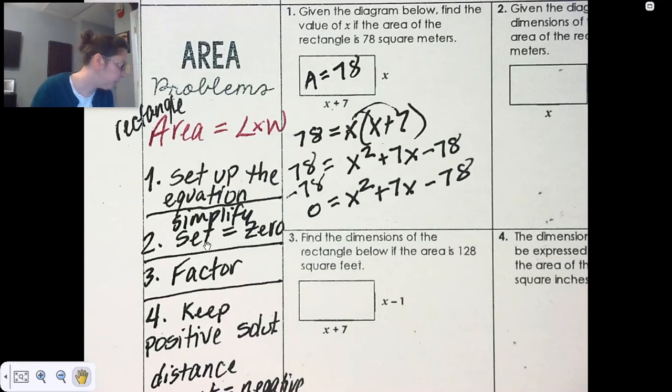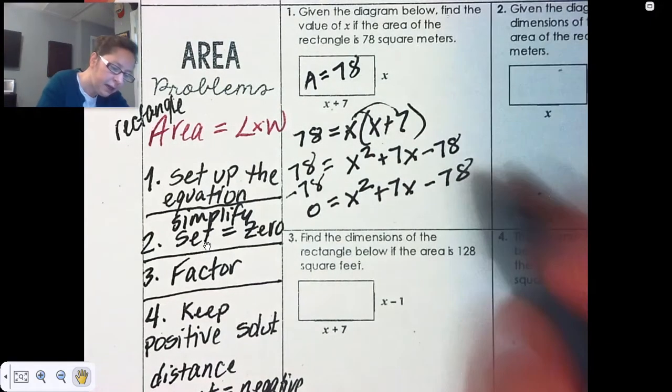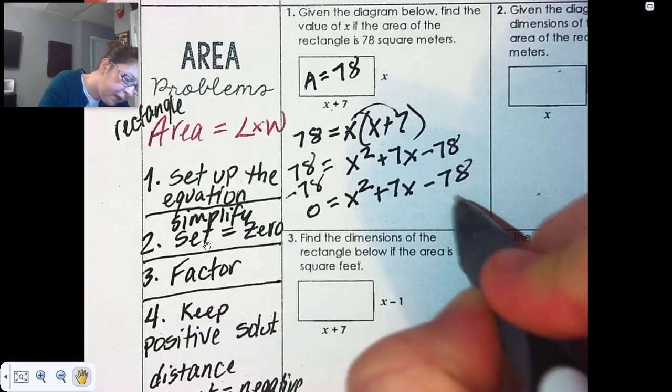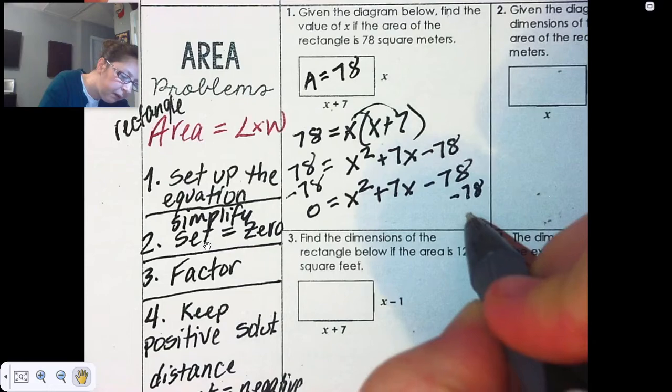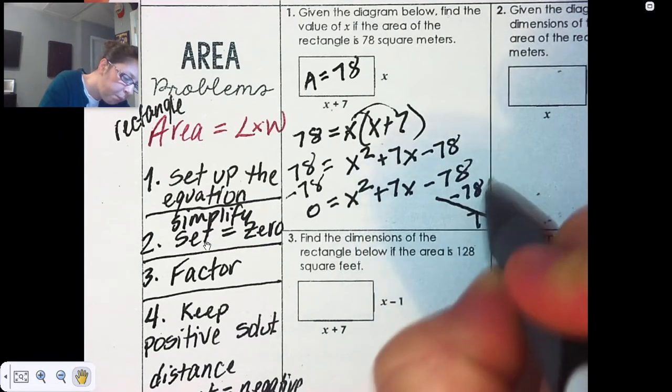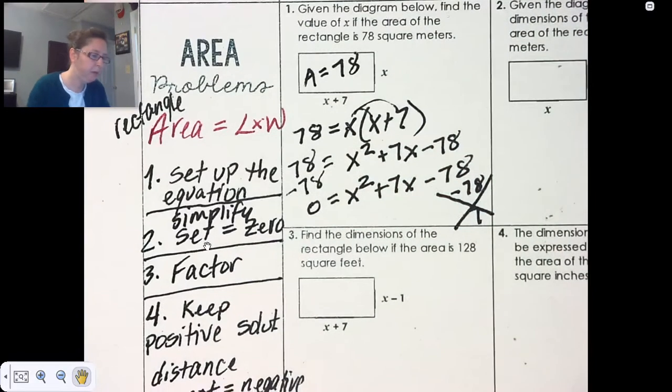So in order to factor this, I need the negative 78 to go on the top. I need the positive 7 to go on the bottom, and I'm going to do my x puzzle. So let's come up with two numbers that multiply to give me negative 78, but combine to give me 7.